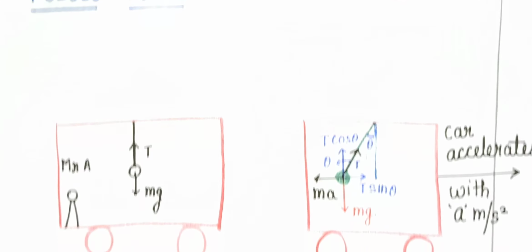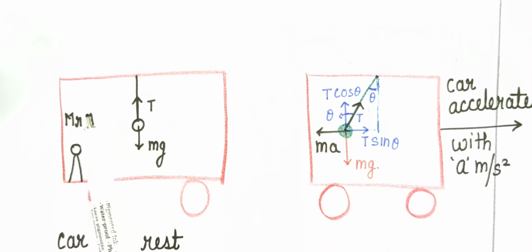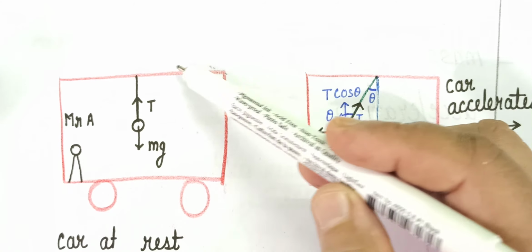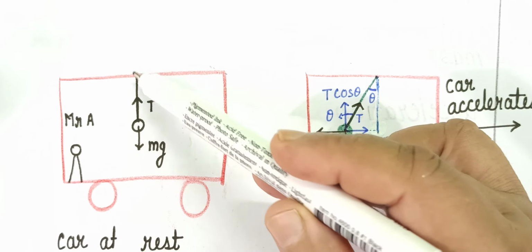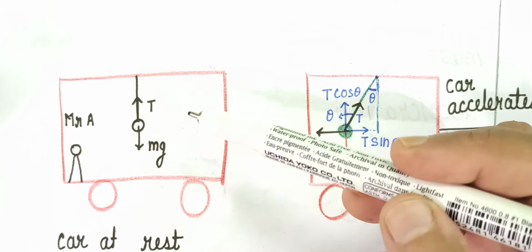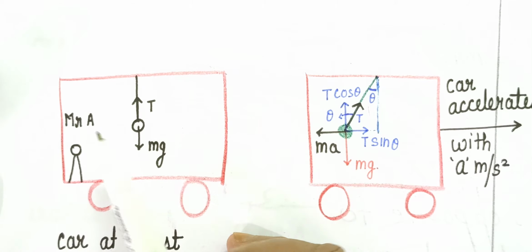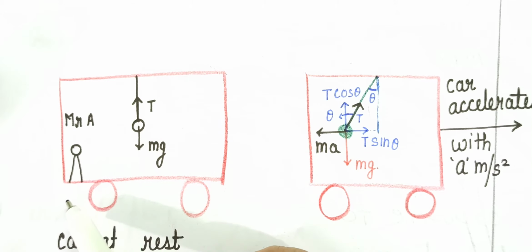For example, take the example of a car. Mr. A suspends a pendulum from the roof of the car, and then he sits inside the car.